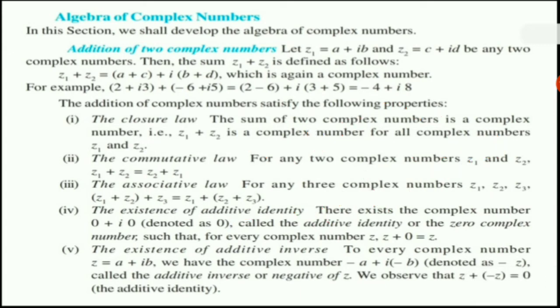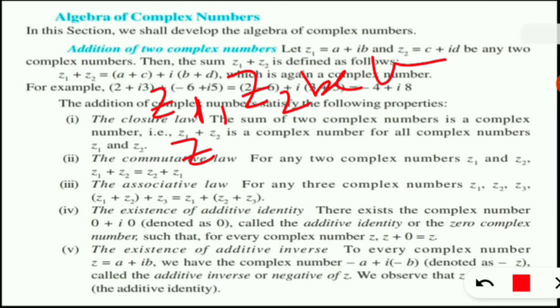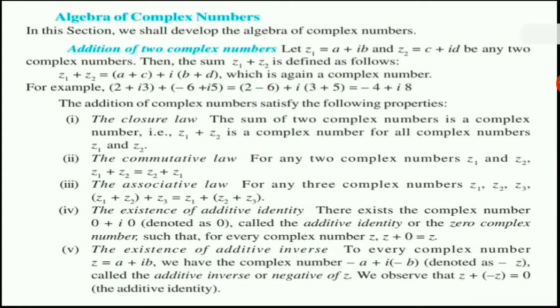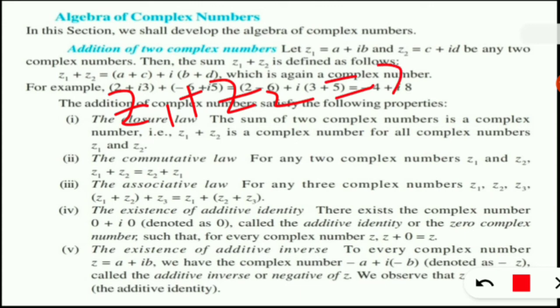Okay, so remember all these things again. So first one is closure law. Closure law is if z1 and z2 be two complex numbers, then z1 plus z2 is also a complex number. Okay, next commutative. z1 plus z2 equal to z2 plus z1, this is commutative law.